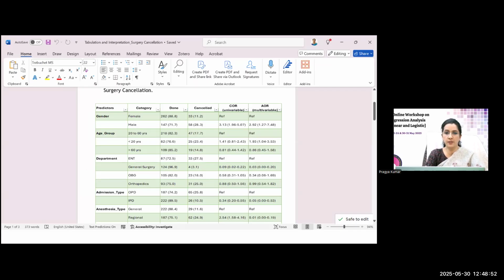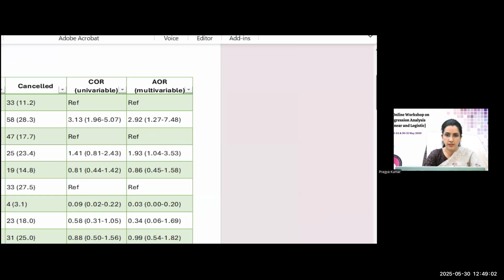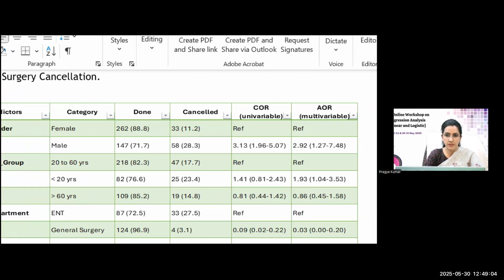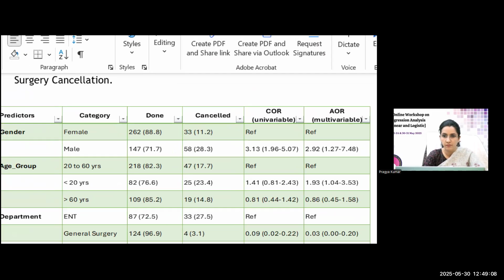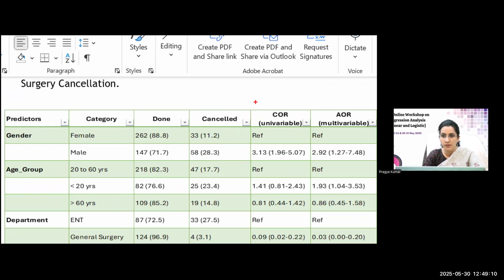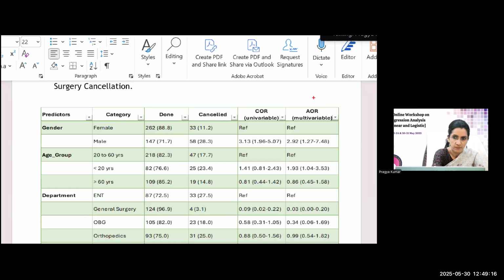In the table, you have to write both adjusted and unadjusted, because unadjusted you write as a crude odds ratio or unadjusted odds ratio. This particular one is the crude odds ratio, and this is the adjusted odds ratio.